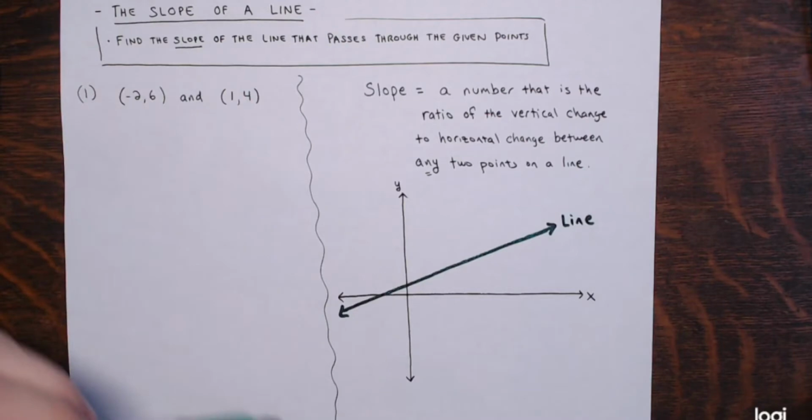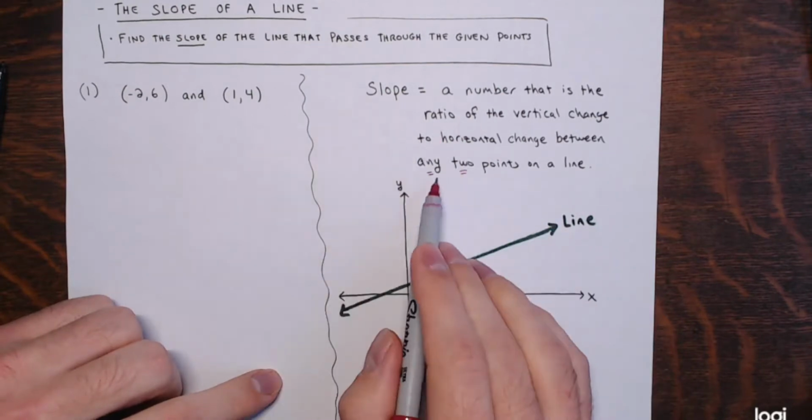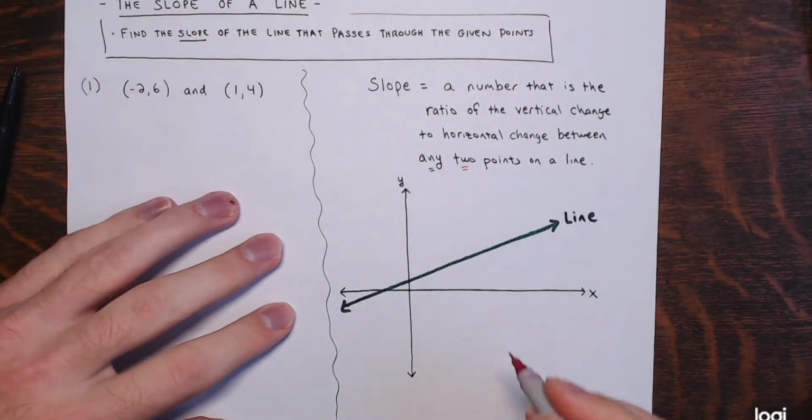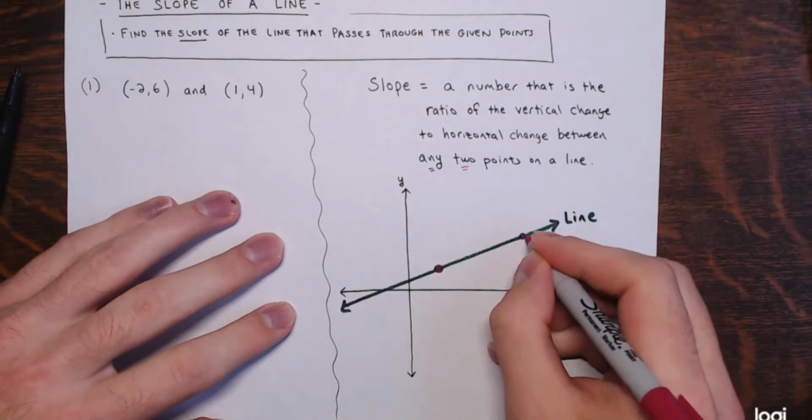And say I was asked to find the slope of this line. In order to find the slope, you need 2 points, any 2 points on that line. So let's say this point here, it doesn't matter, this point here and this point over here.